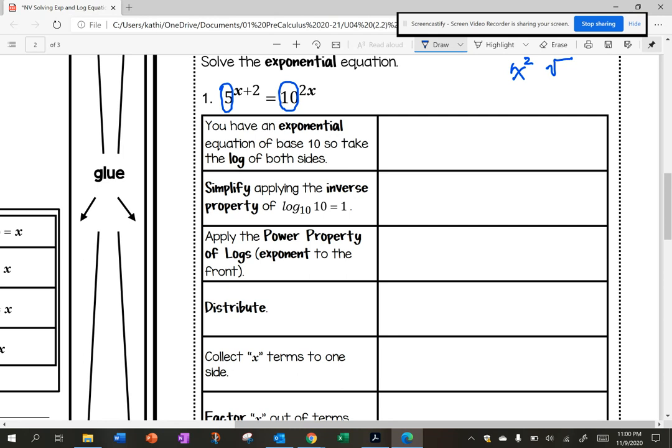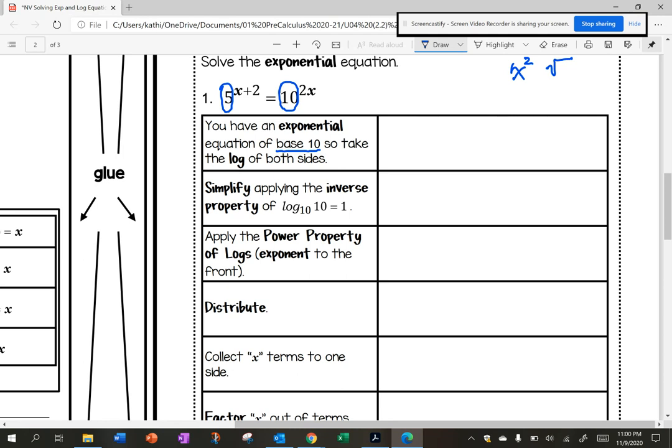In order to undo the exponential part, I'm going to take the log of both sides. I'm going to take the log of base 10 because 10 is one of the bases that I have. I could do it of 5, but I'm going to use 10.